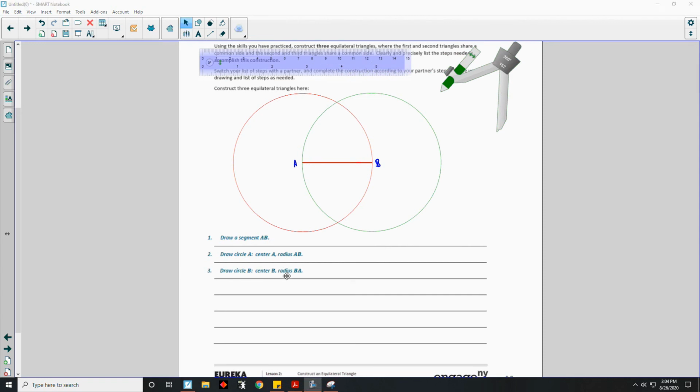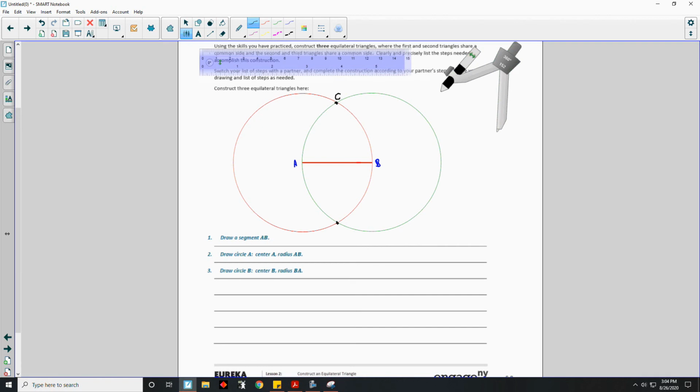Okay, list that step. So now what am I going to do? Well, we have intersection points. We can label one intersection as C, and label the other intersection as D. So we have 2 intersection points. Let's label them. I will put one here and label that one C. And then put one down here.